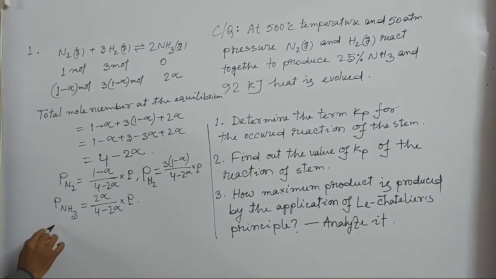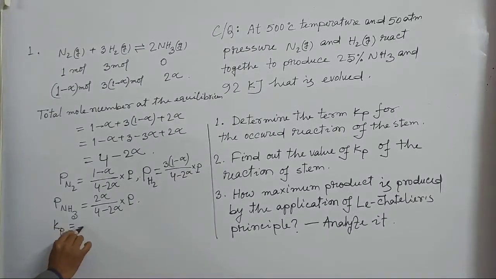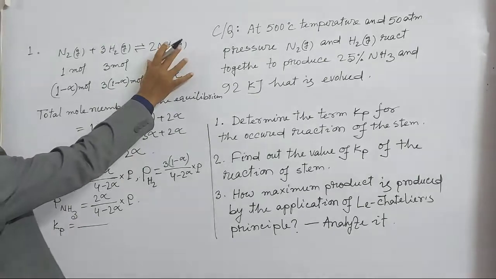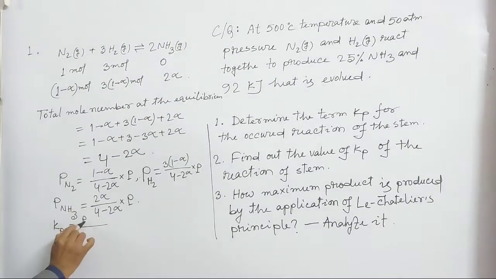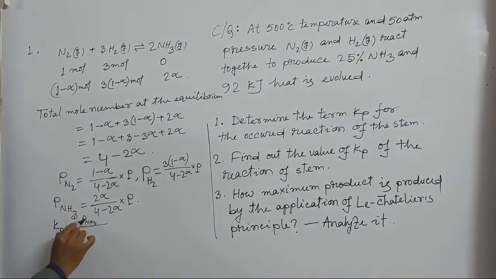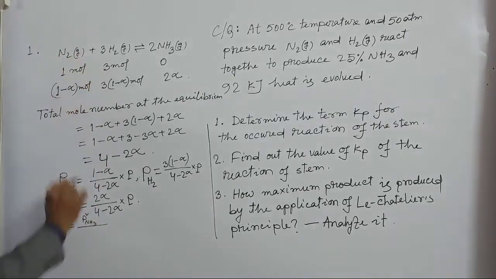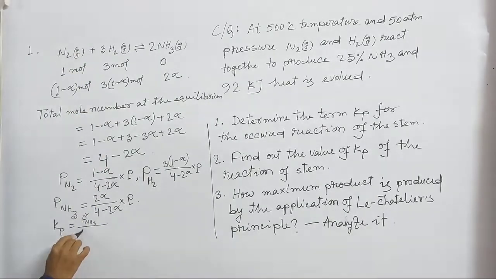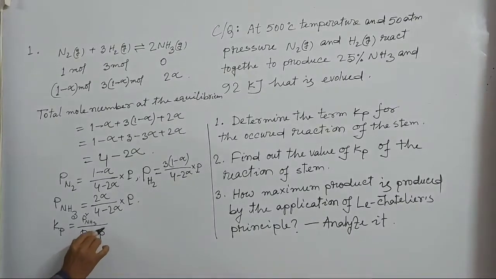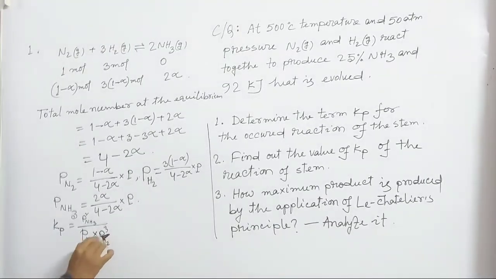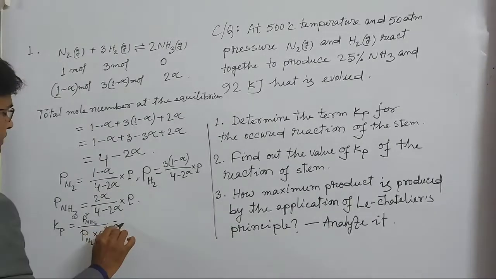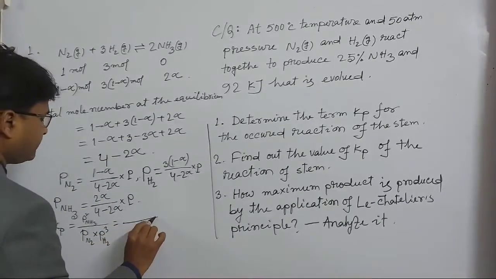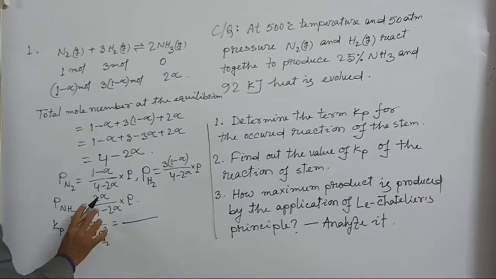And we know that Kp is equal to the partial pressure of the product, PNH3 squared, divided by the partial pressure of the reactants. Then I have to put the values of those partial pressures.